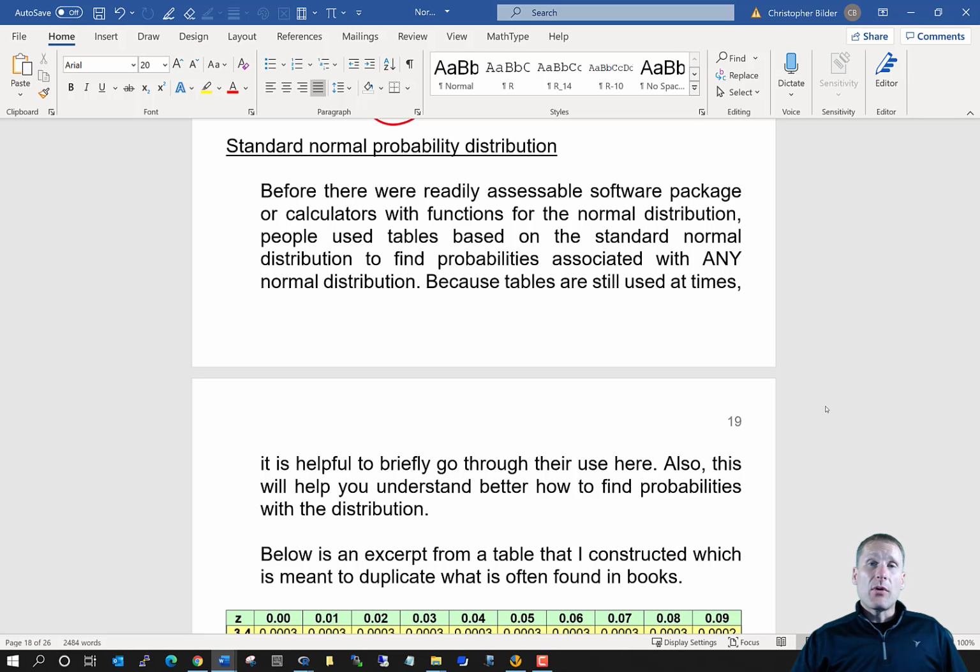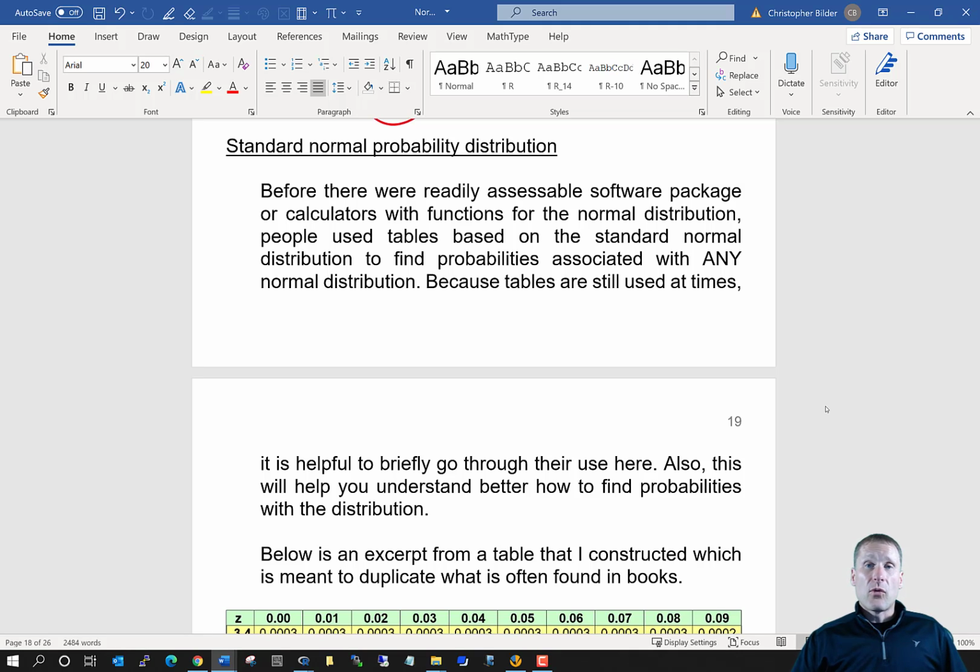And these tables were specifically designed for just one normal probability distribution, the standard normal. I am not going to ask you any questions about how to use the standard normal probability distribution table, but there will still be people who like to use it. In fact, it's still in most introductory statistics textbooks typically. And so because of that, I just want to really briefly show you how to use it.